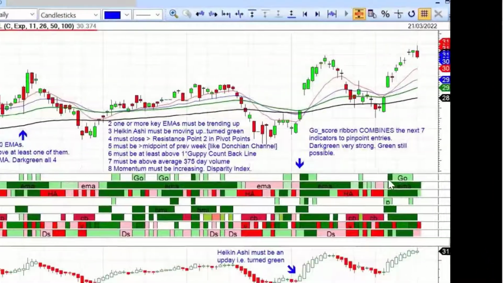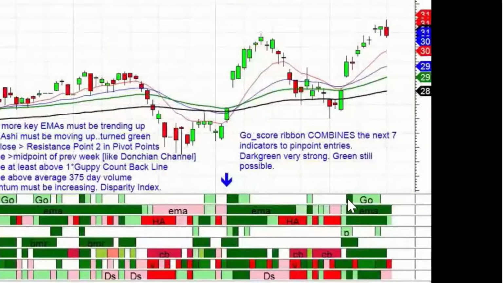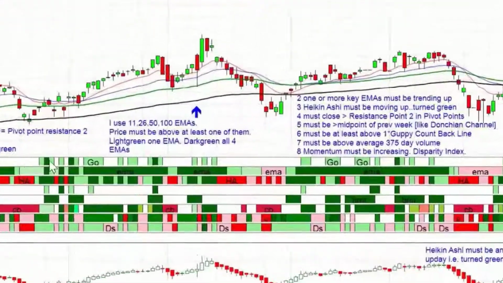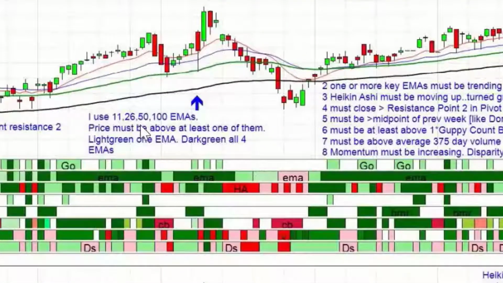If it's dark green, it's a very strong buy signal. If it's a bit lighter green, we're still in the running with a particular share. What this top ribbon does is amalgamate all these 7 indicators below. And the first one is the EMAs, the exponential moving averages.